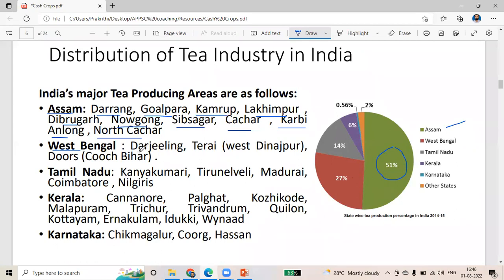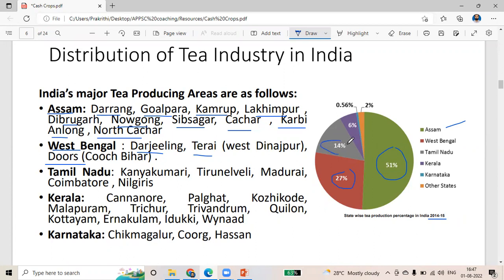And in West Bengal, it is Darjeeling, Terai, and those regions that may have the most tea production. So Assam में West Bengal में कितना है? Almost 27%. It is the data of 2014-15 है. So there may be slight changes, but still 75%, 3/4 of the total production is in Assam and West Bengal together. Remaining, it is in South India, consisting of the southernmost states, Karnataka, Kerala, and Tamil Nadu.